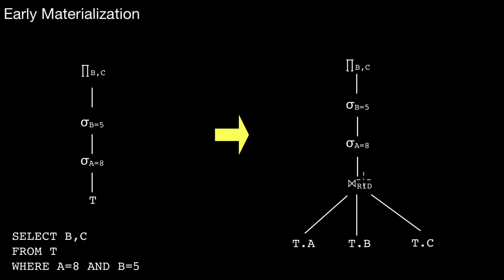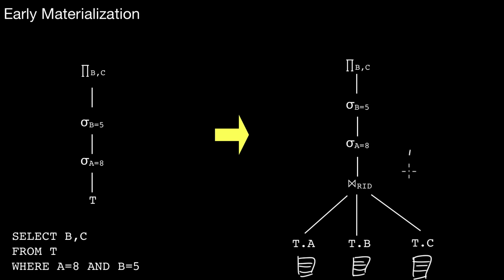We say, okay, we first join all of the attribute values into what looks like a row layout. So here still we have arrays with one entry each. This is basically an array of B values. Here we have an array of A values, and here we have an array of C values.